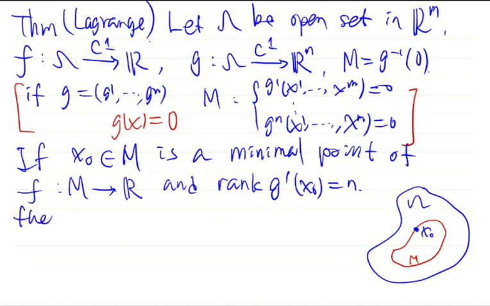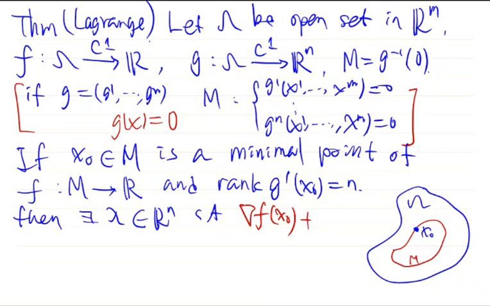Then the conclusion is that there is an n-dimensional vector lambda such that the gradient of f at x0 plus lambda transpose multiplied by the derivative of G at x0 is 0. Let's have a look at this result.